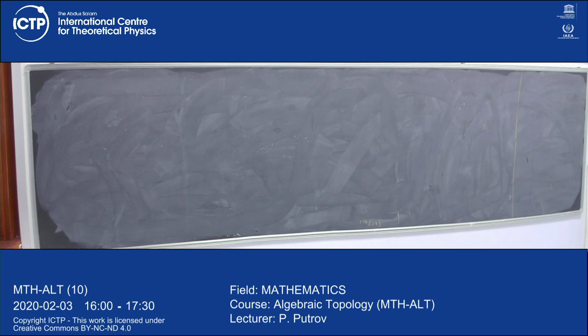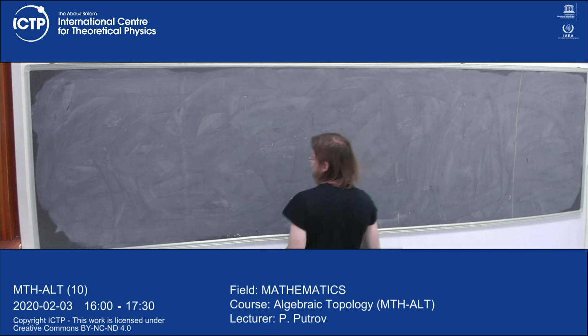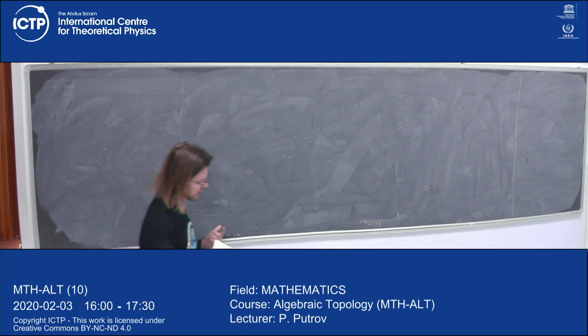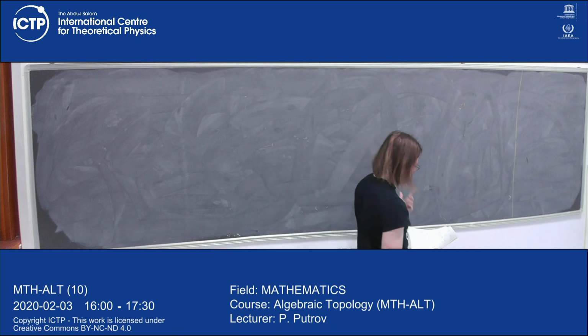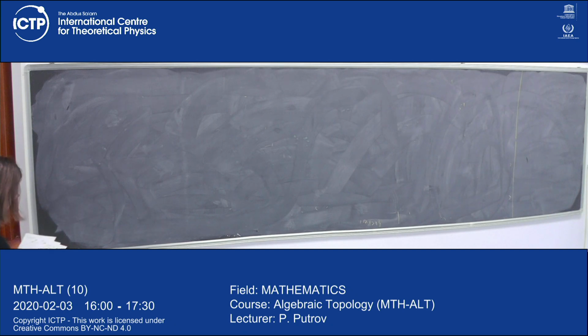The universal cover was a covering space with a trivial fundamental group. Now we want to generalize this result to the case of finding a covering space with a given fundamental group, not necessarily trivial.